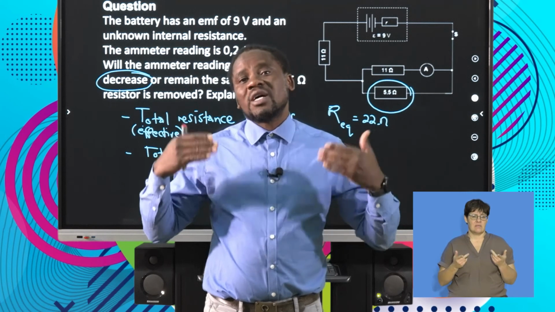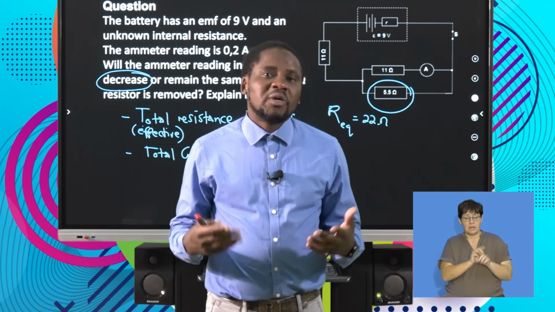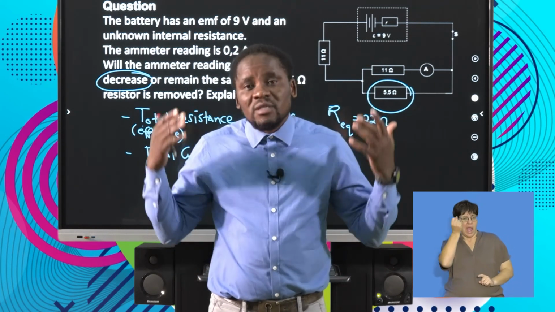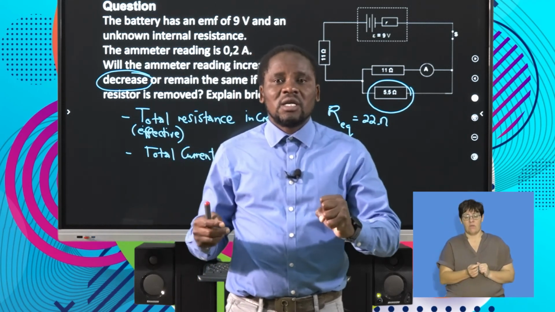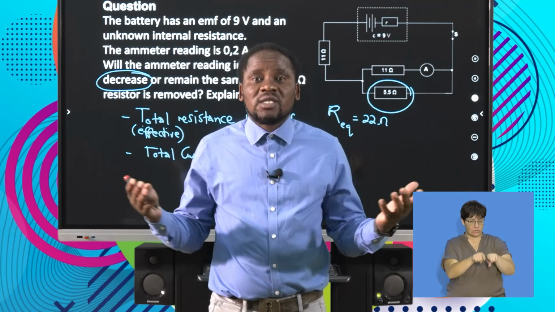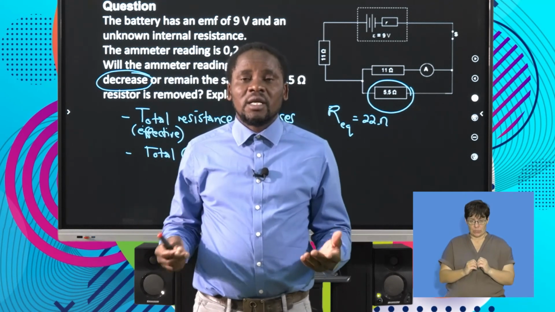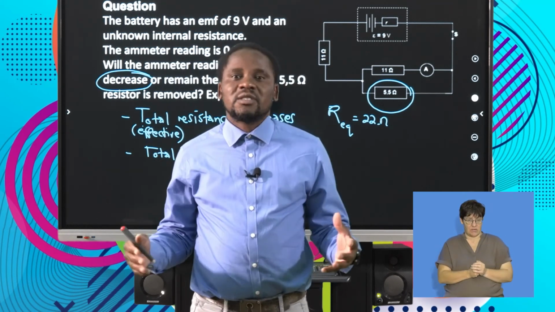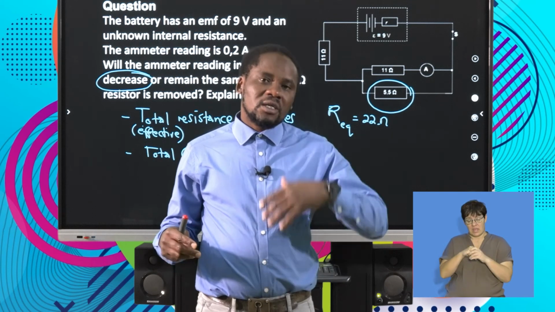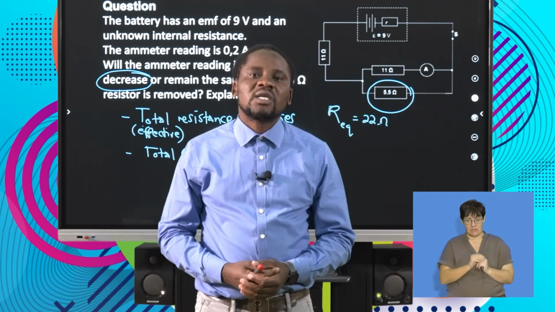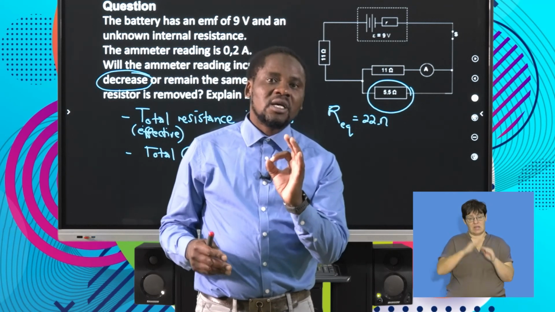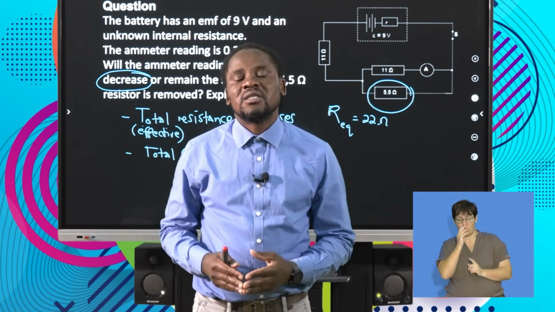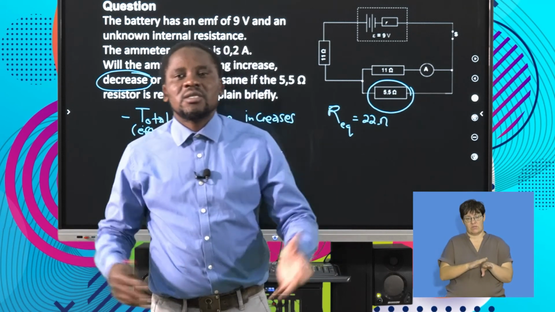However, how we arrive at that must be backed up by some sort of thinking, because now we're saying that with no resistors in parallel, the effective resistance of the circuit will increase. How does that affect the total current in the circuit? It is going to decrease. And the ammeter that remains will give us an indication of the total current. So this is just an example.